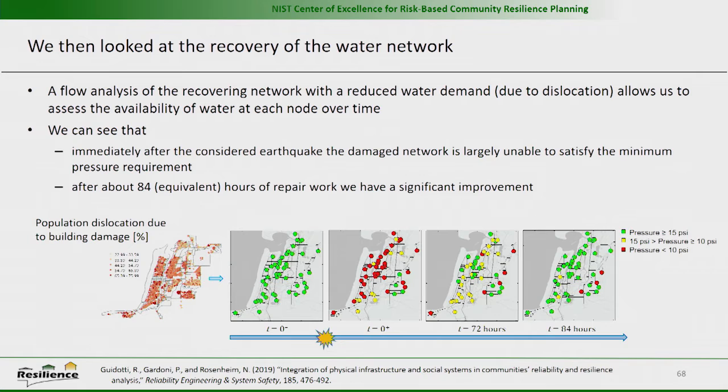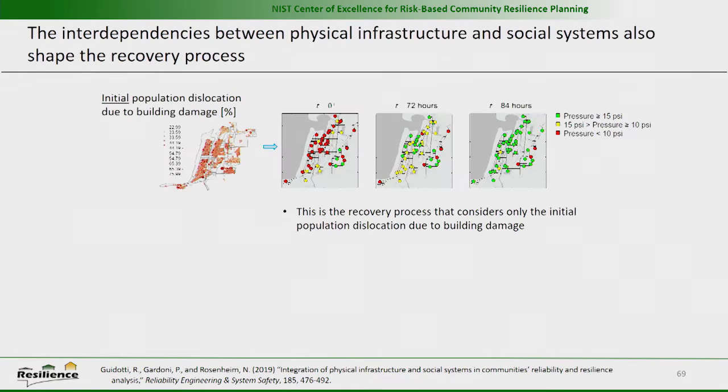We then looked at the recovery of the water network, and a flow analysis of the recovering network with the reduced water demand due to population dislocation allows us to assess the availability of water at each node over time. And we can see that immediately after the considered earthquake, the damaged network is largely unable to satisfy the minimum pressure requirement. However, after about 84 equivalent hours of repair work, we have a significant improvement.